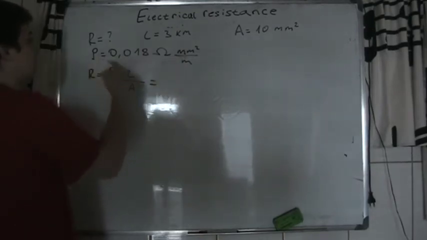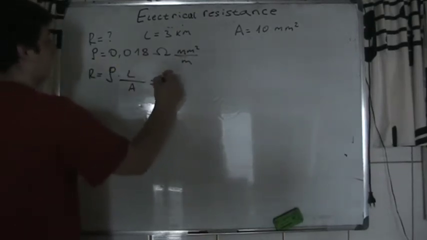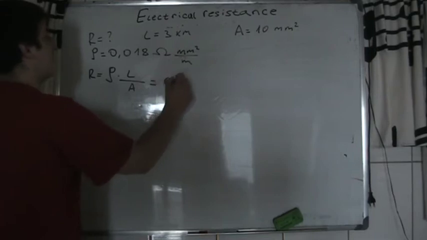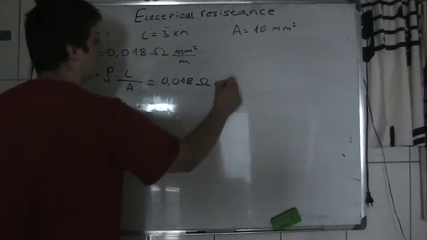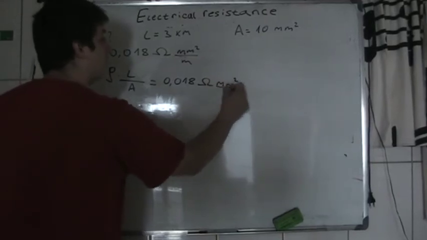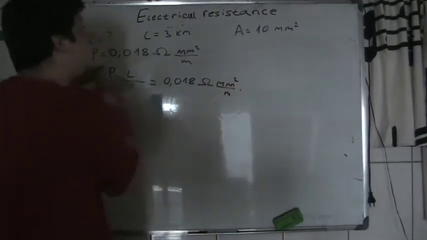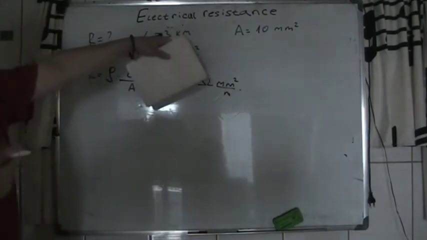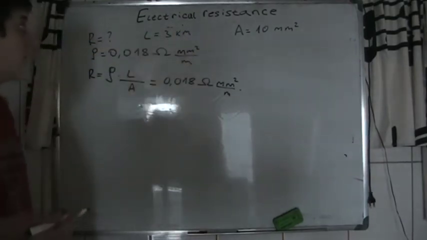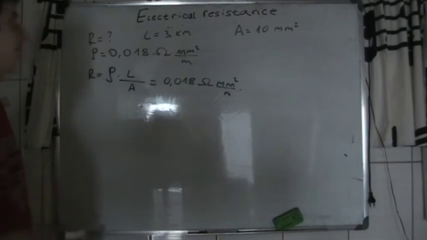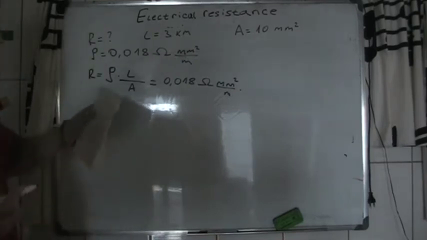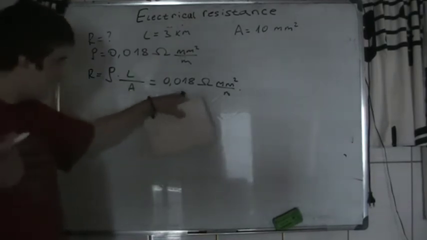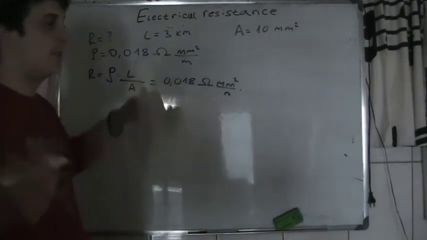The specific electrical resistance is 0.018 ohms millimeters squared per meter, times the length, which you have to transfer into meters, that's the basic unit we have to have, so we can calculate what the resistance is.